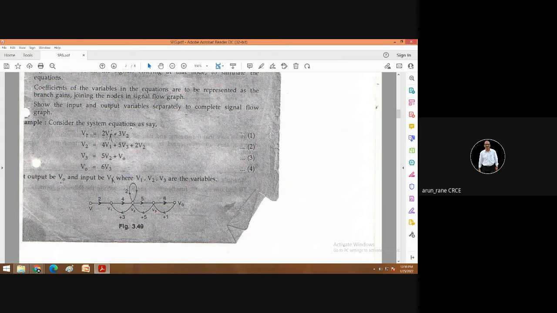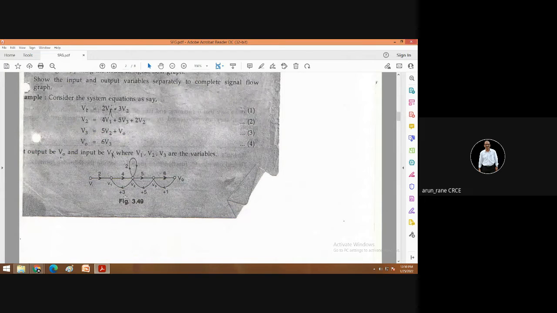Now just look at this and see whether you can draw the signal flow graph from the given equations.